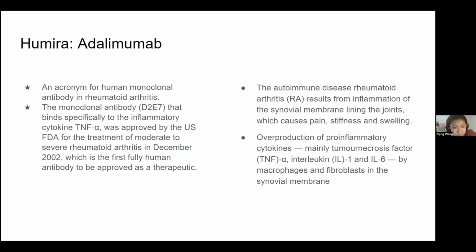The name Humira stands for human monoclonal antibody.